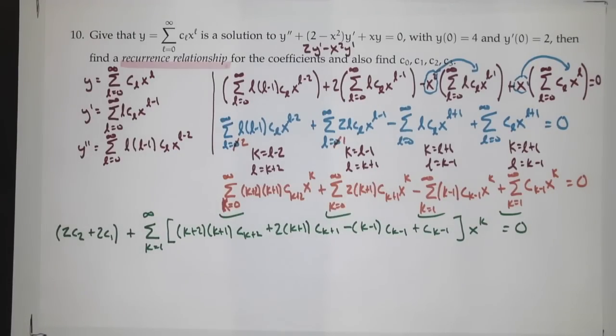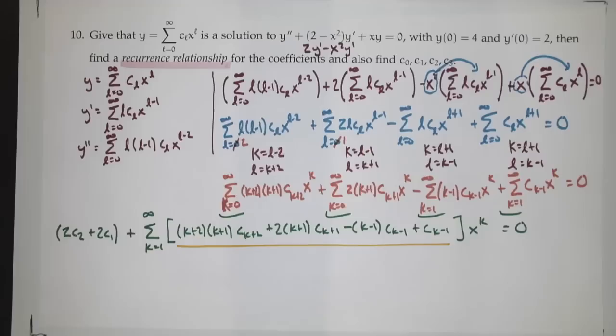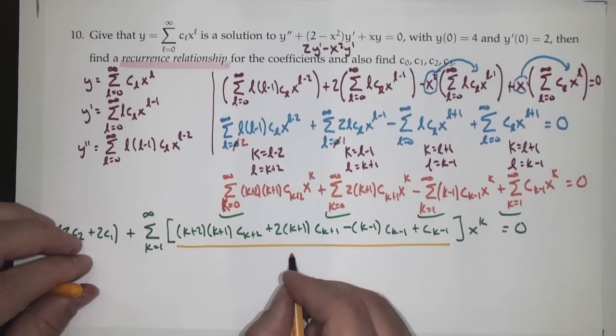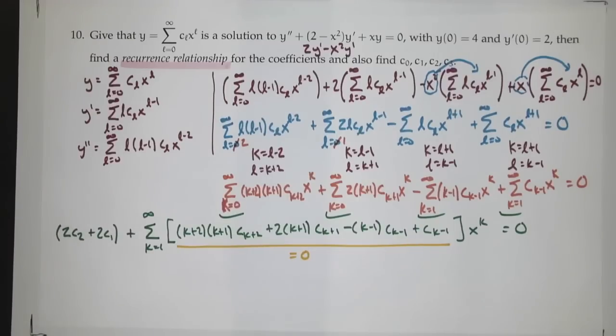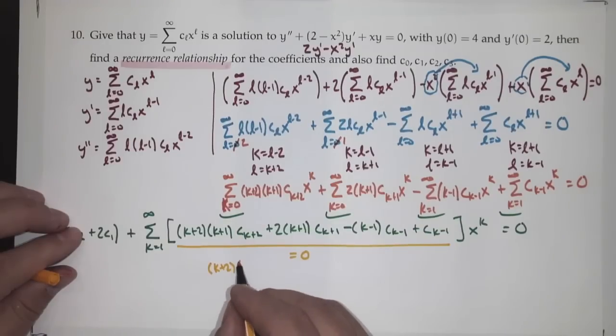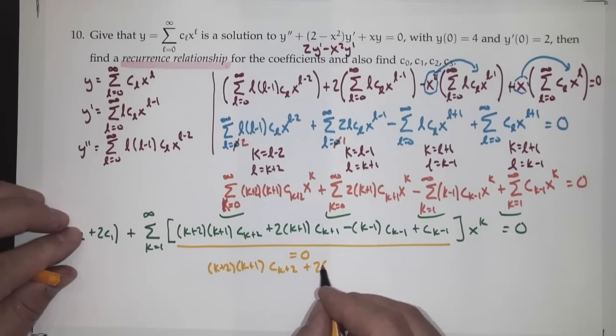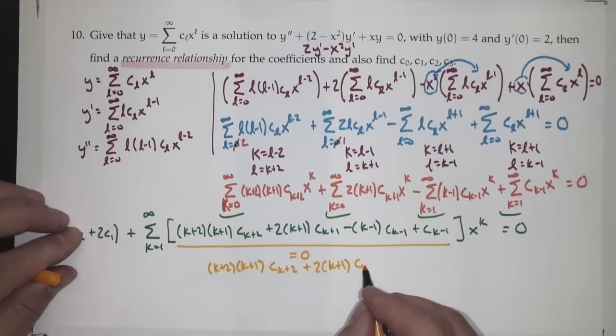And now our great aha for the recurrence relationship is going to come from the sum. It's going to come from here. These are our coefficients. But looking at what happens to our coefficients on the right-hand side, what do these need to be? These all have to be 0. So we get K plus 2 times K plus 1, C sub K plus 2, plus 2 times K plus 1, C sub K plus 1.